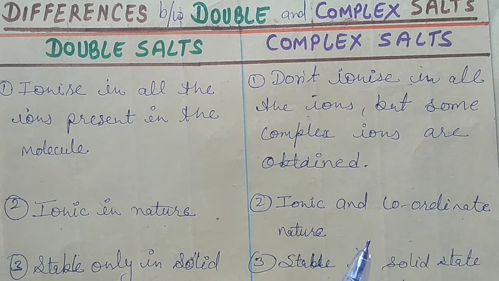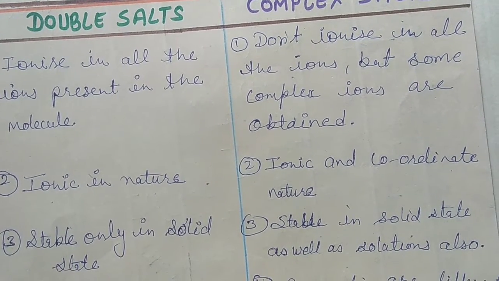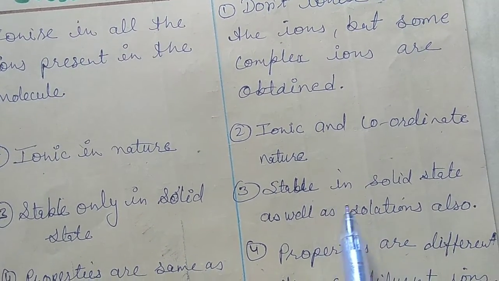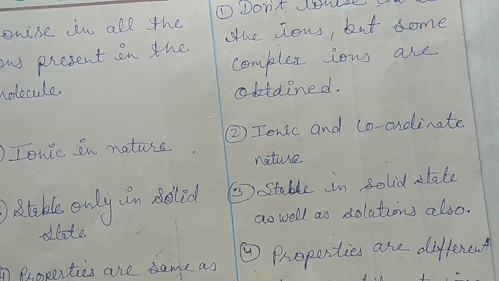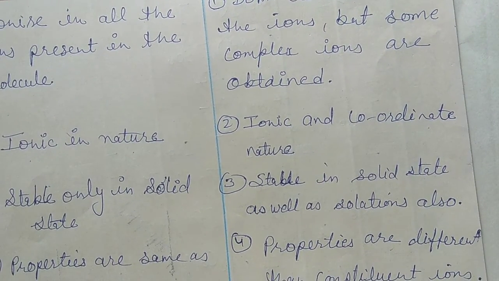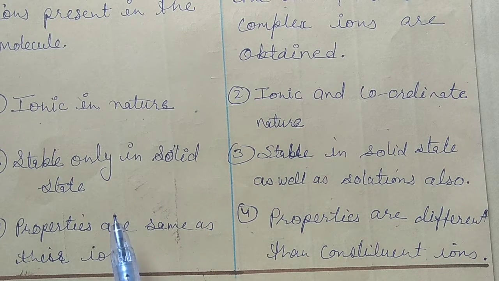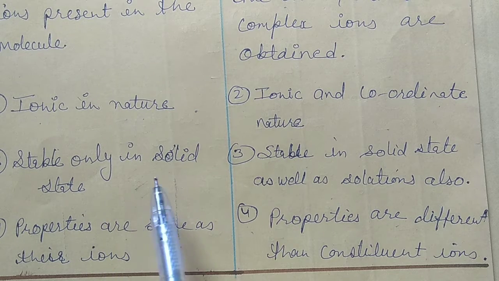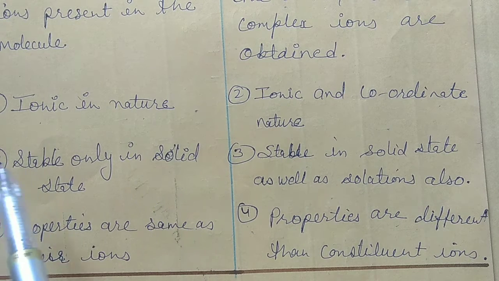Double salts are stable only in the solid state, while complex compounds are stable in the solid state as well as in solution, because they don't ionize in water. Next, the properties of a double salt are the same as those of the constituent salts, because all the ions are present in the constituent salts and the double salt also.